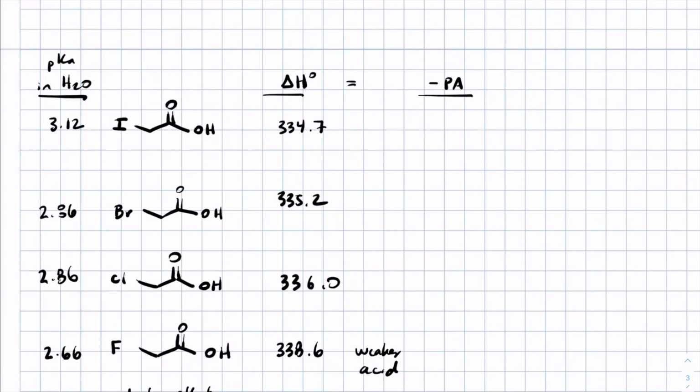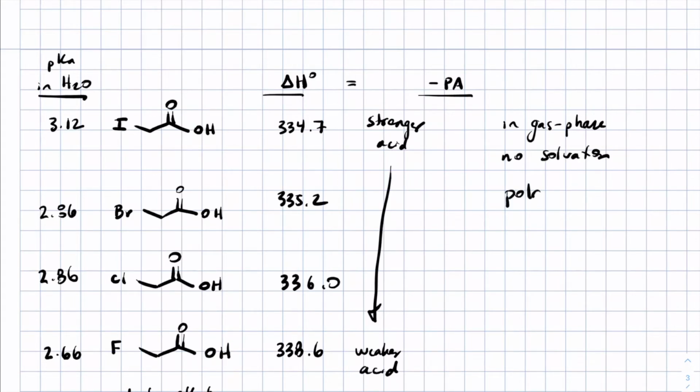And that sort of blew me away. What the heck is going on there? I thought electronegativity was important. And actually, in the gas phase, with no solvation, polarizability matters more.